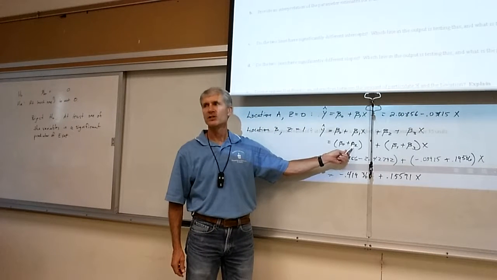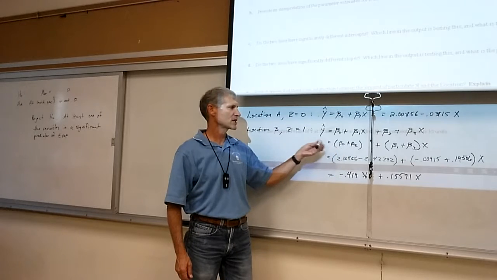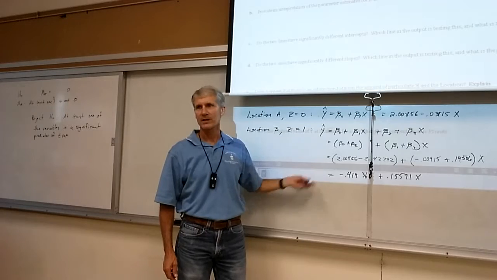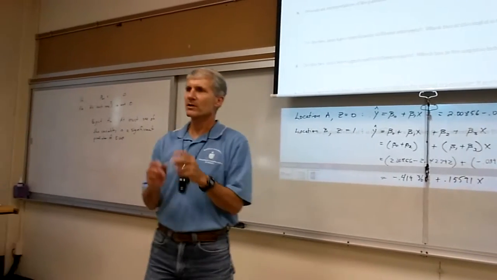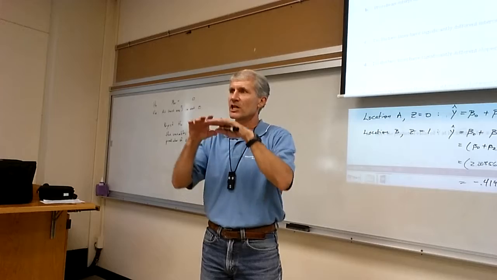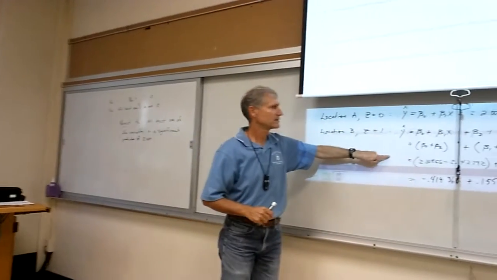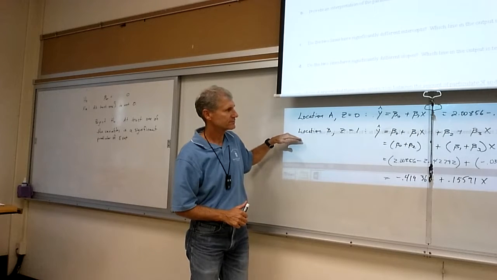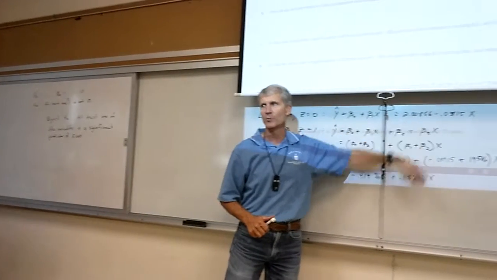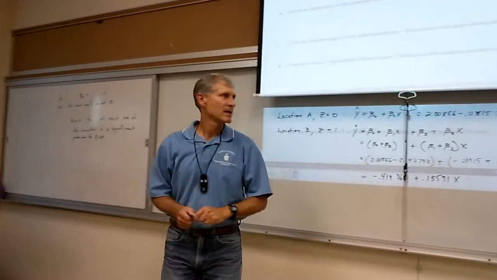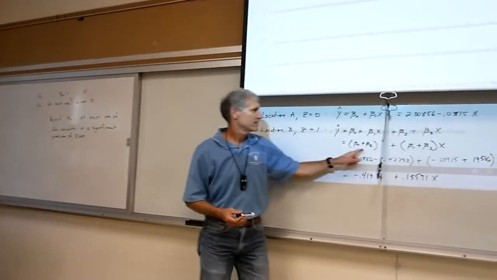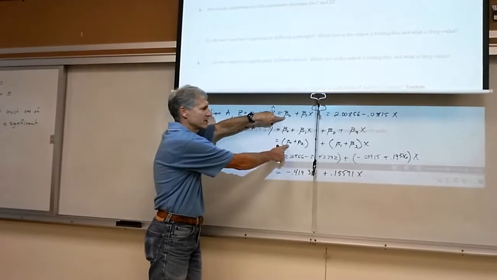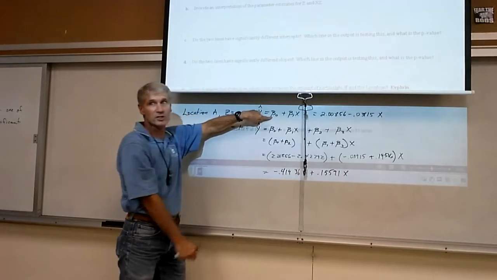It's the change in intercept when you change from location A to location B. And the xz coefficient, beta 3, is the change in slope. You can see that directly from here: this model has intercept beta 0, this one has intercept beta 0 plus something, so that something is the change in the intercept.